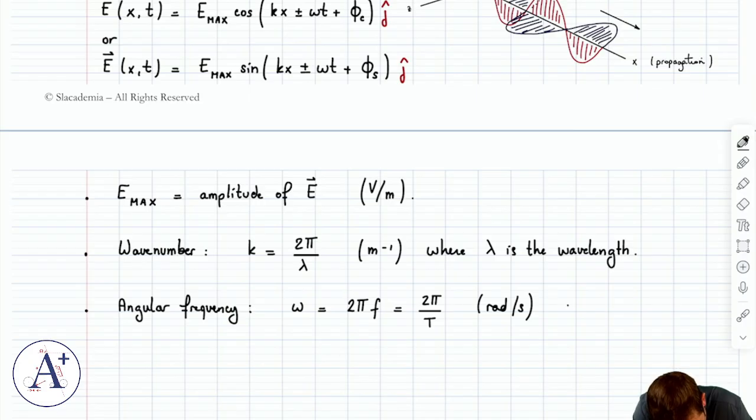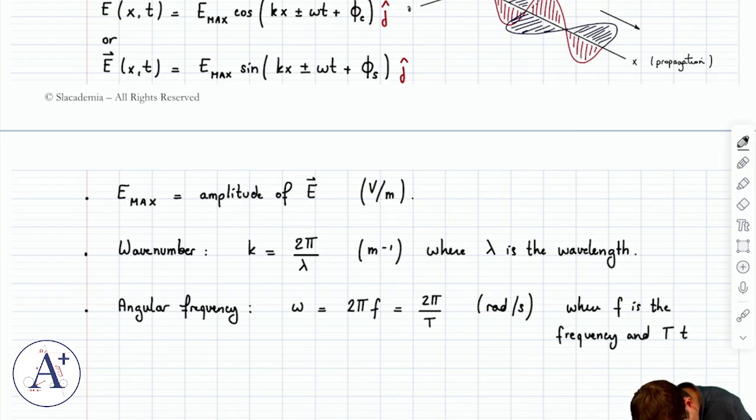Okay, that is where f is the frequency and T the period. And we'll define those underneath in a second.